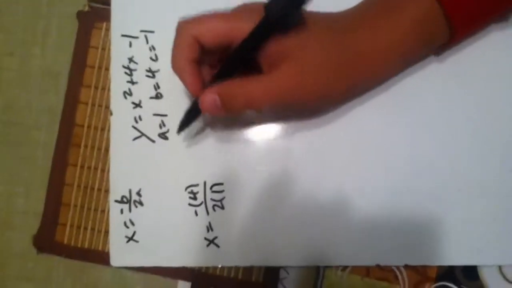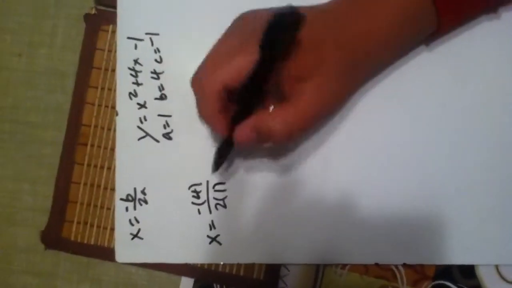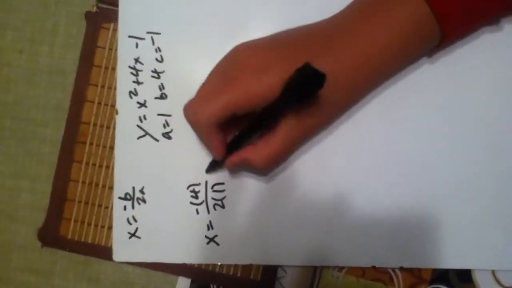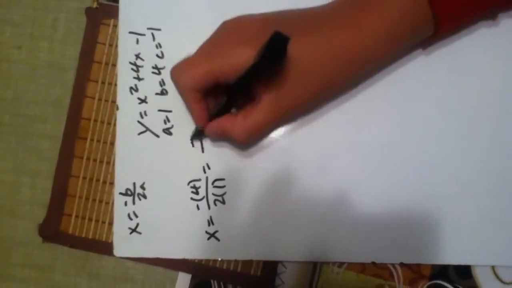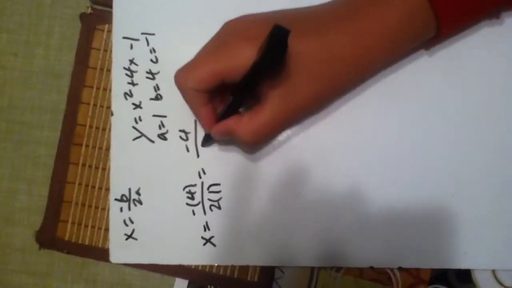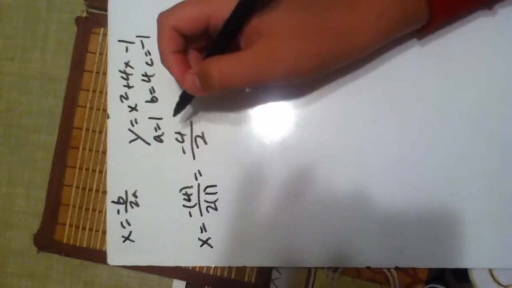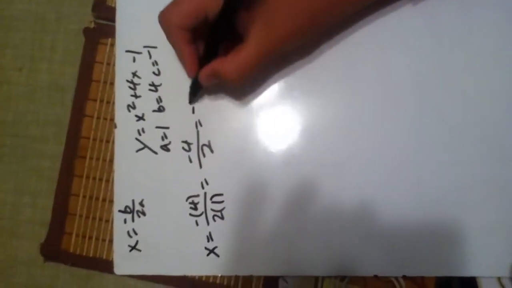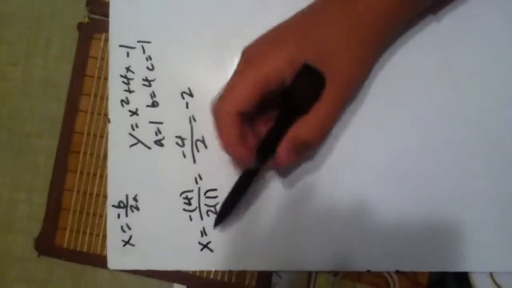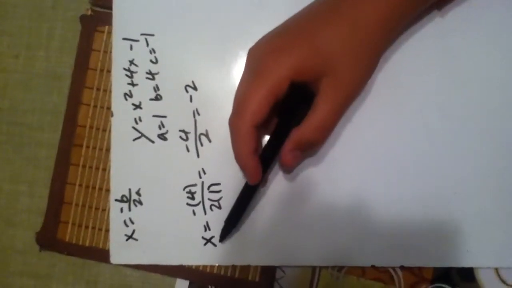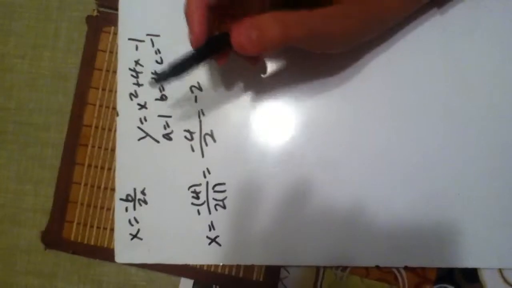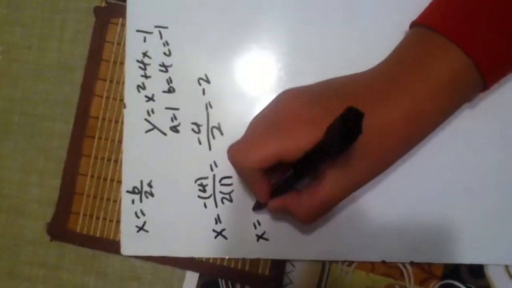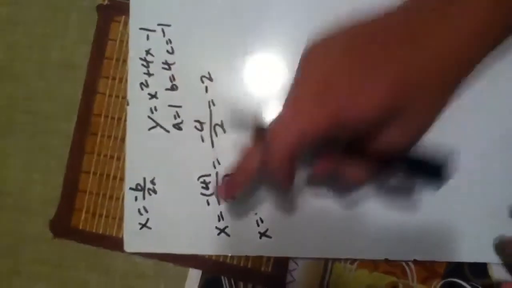Then we simplify it. So this equals negative 4 over 2, you divide it, and that becomes negative 2. So x here equals negative 2.